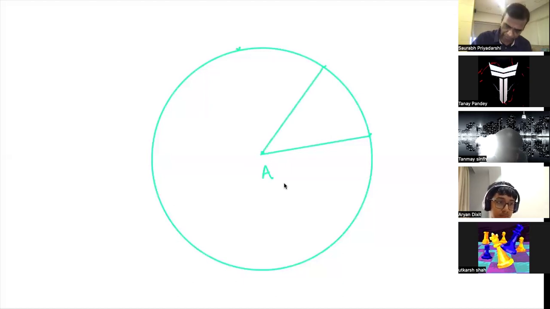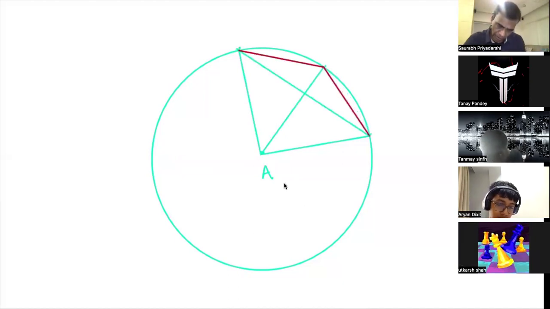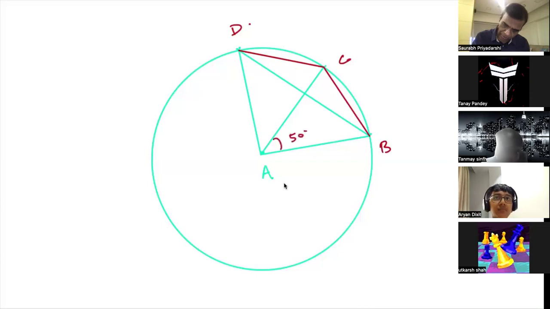Now this is my figure. A, B, C, D. This angle was 50, this was 60, this was 30, and this is 25.